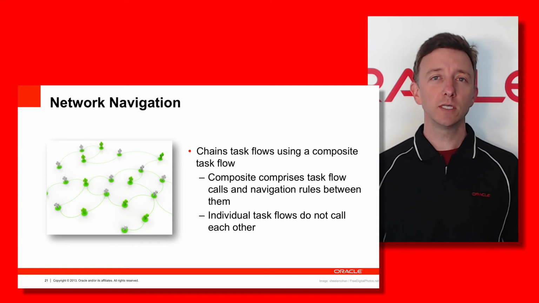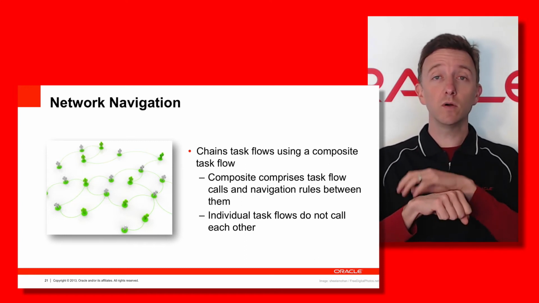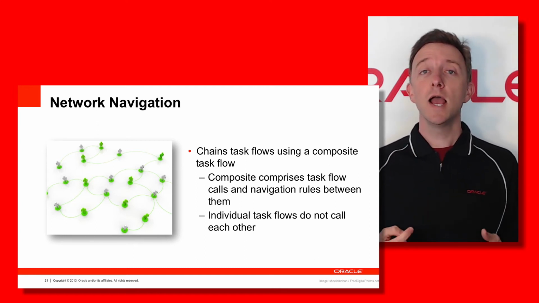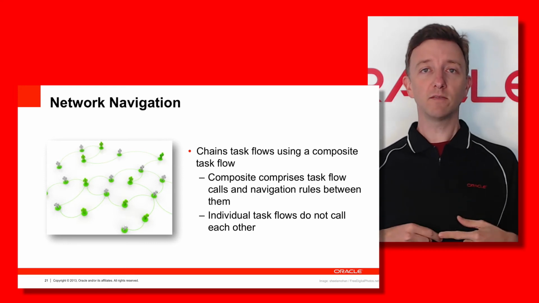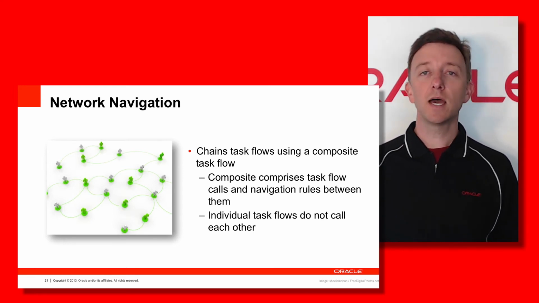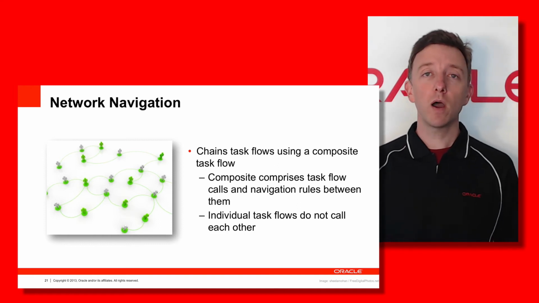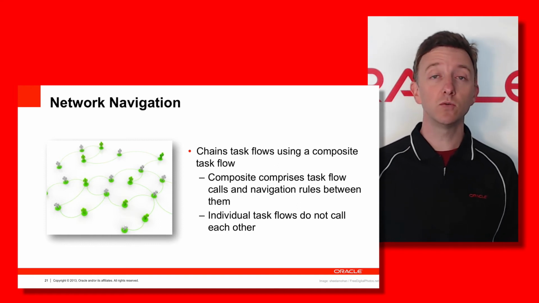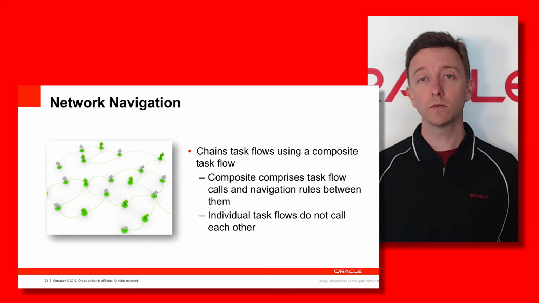But what we're not doing is having those task flows call each other in a tightly coupled fashion. It's only the composite task flow that knows which task flow gets called when. And it defines that order by the task flow navigation rules between each of the task flow calls.